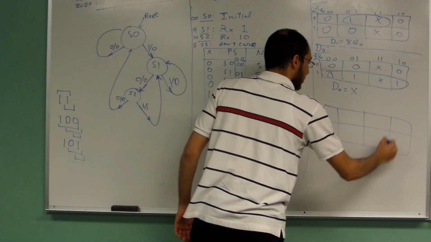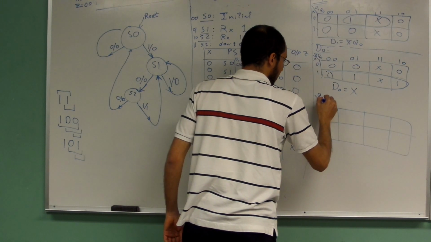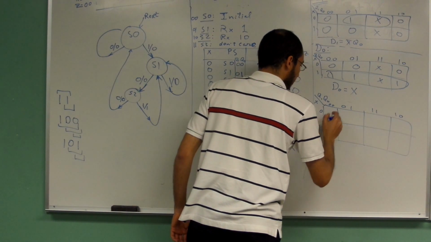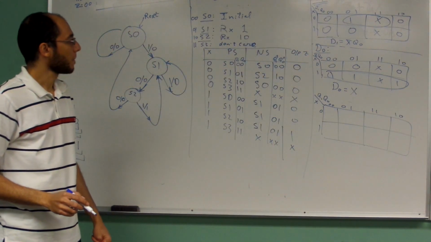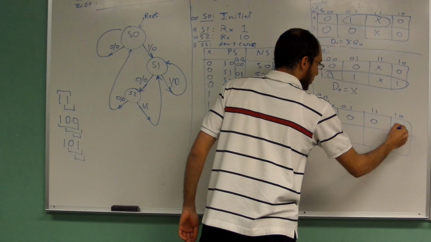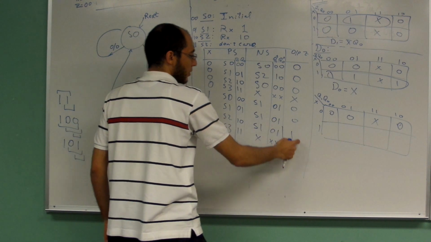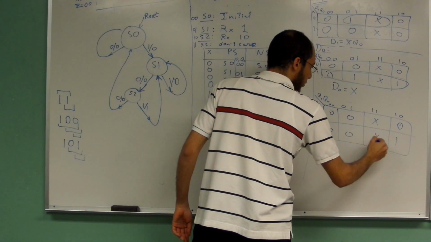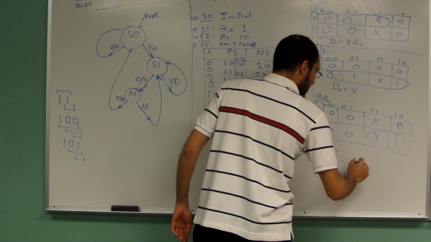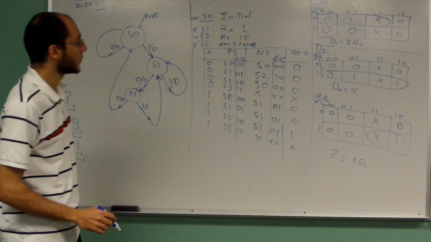Again, Q1, Q0, then X, 0, 0, 0, 1, 1, 1, 1, 0, 0, 1, okay? 0, 0, 0, don't care. 0, 0, 0, don't care. 0, 0, 1, don't care. 0, 0, 1, don't care. So I'm going to circle it this way, and the Z is going to be equal to X multiplied by Q1. Right? Okay?